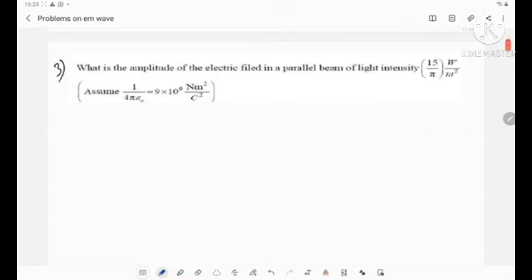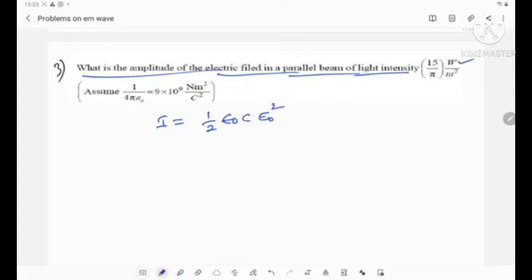Next, problem number 3. What is the amplitude of electric field in a parallel beam of light of intensity 15 by pi watt per meter square? So here intensity I is equal to 1 by 2 epsilon naught C E naught square. Here intensity is given as 15 by pi. That becomes 1 by 2.